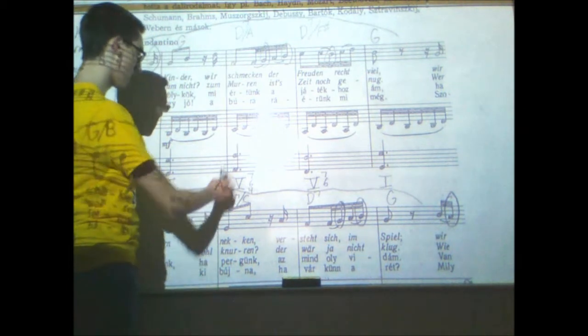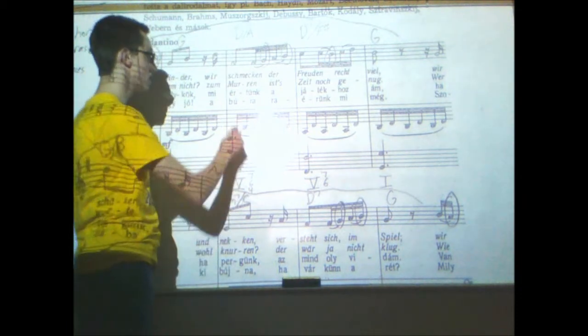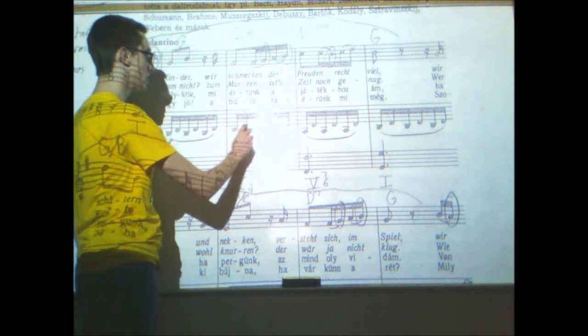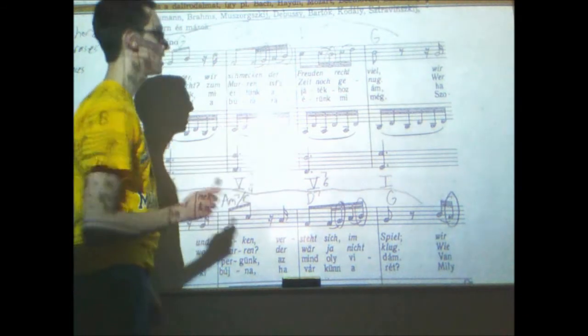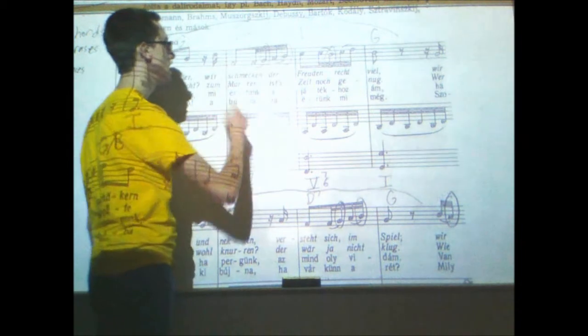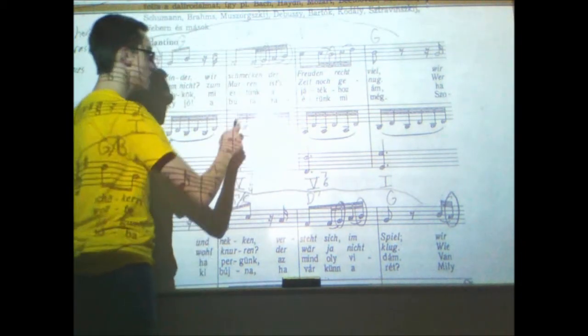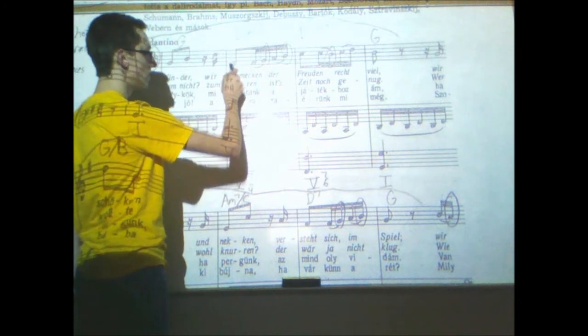Second one, it goes up to A in the bass and then is trilling with C's and D's in the tenor, and goes F sharp, G, A, B. Now, if you know chords, it's A, D, F sharp.